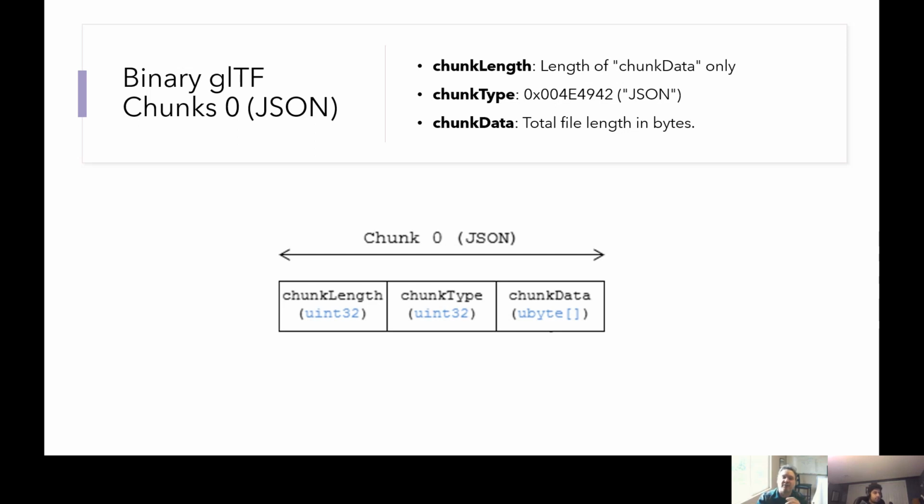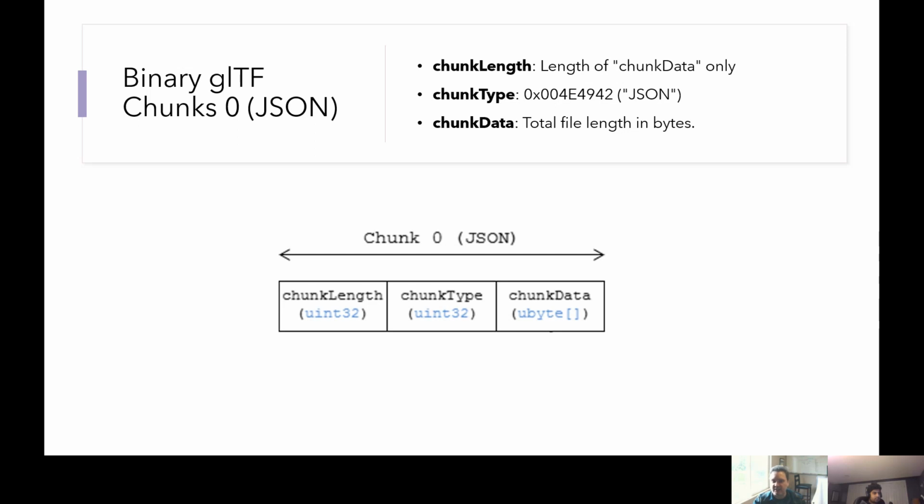It's the exact same JSON file we had in the glTF, just converted to its binary representation, taking those ASCII values and representing them as their 4-byte equivalent. So chunk 0 ends up being just your JSON.